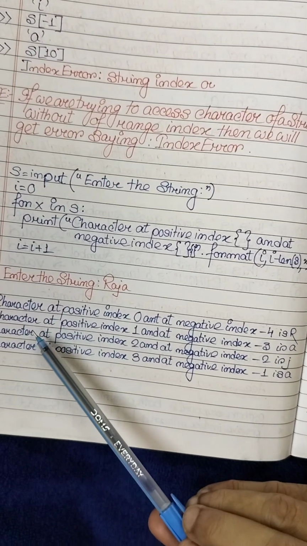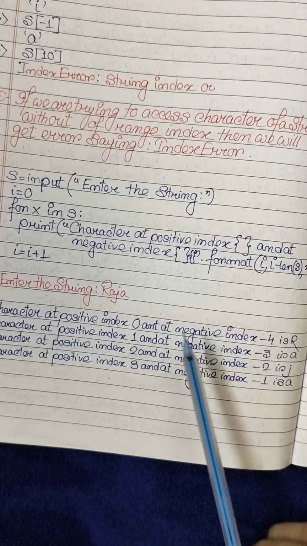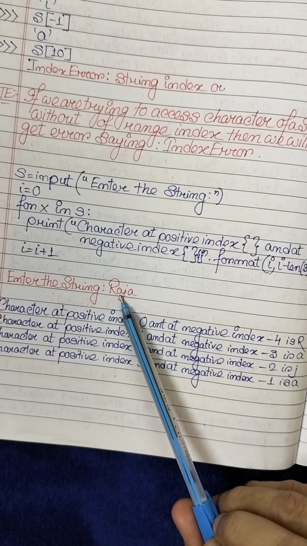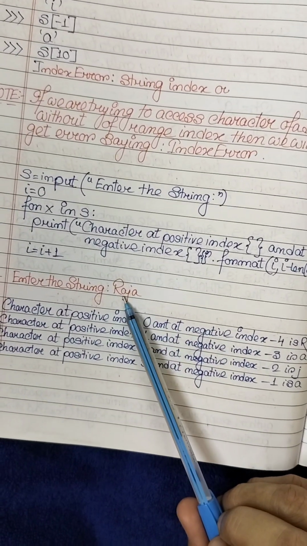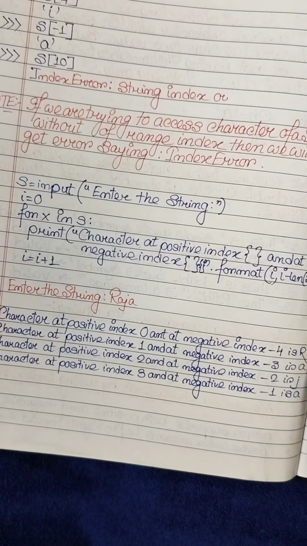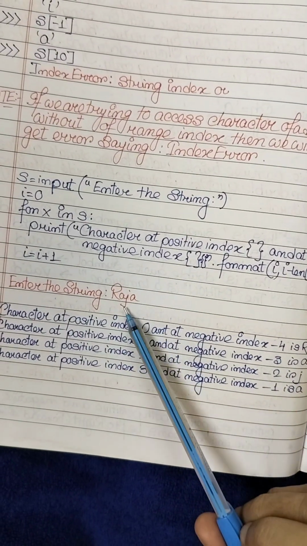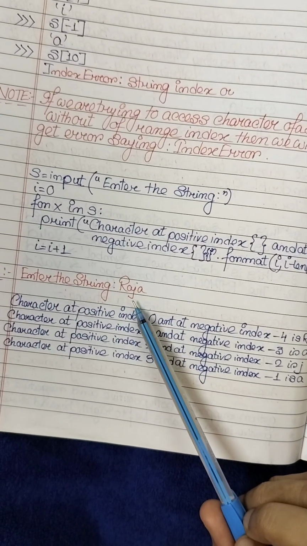Character at positive index 1 and at negative index -3: from the forward direction A is at position 1, and from the backward direction the second A is at -3. It will print A. For J, the positive index is 2 and the negative index is -2.